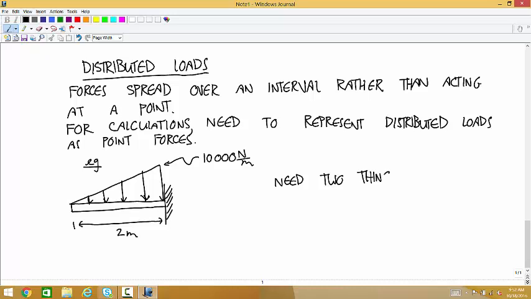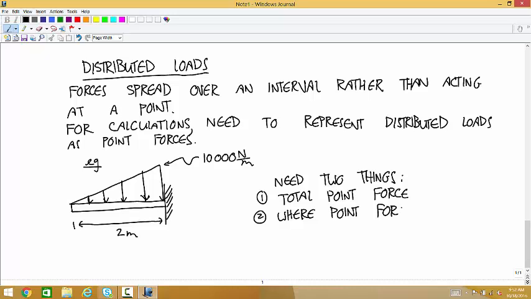So we need two things. First, the total point force, and second, where the point force must act to be equipollent, so the behavior is the same.